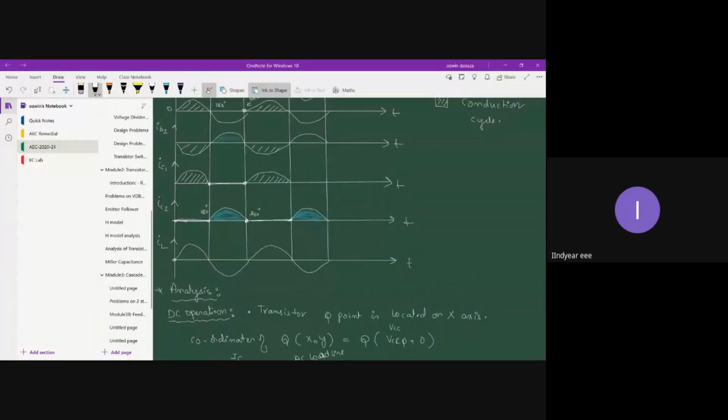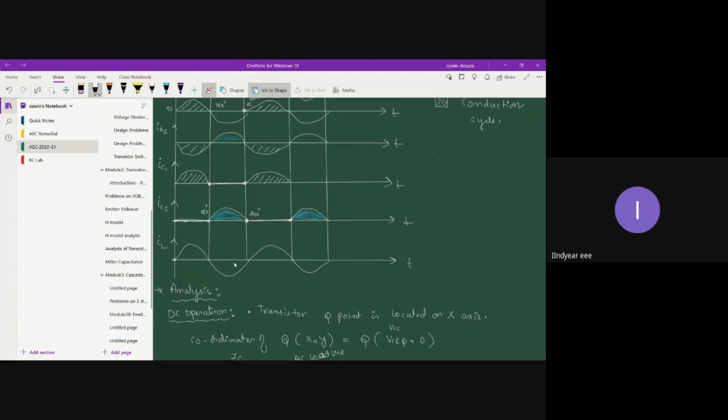So in case of a class B power amplifier, the value of load current is derived from the two collector currents. When there is collector signal IC1, there will be a positive pulse of output voltage. Similarly, when there is collector signal between the interval 180 degrees to 360 degrees, there will be a negative pulse of load voltage.